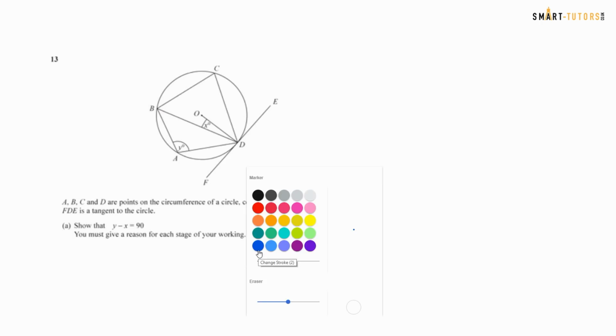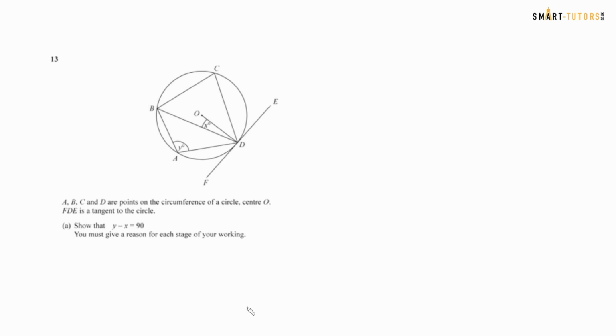Right, I'm going to draw a line from B to O. So if I draw the line B to O, this BO line and OD line are equal. So OB equals OD.